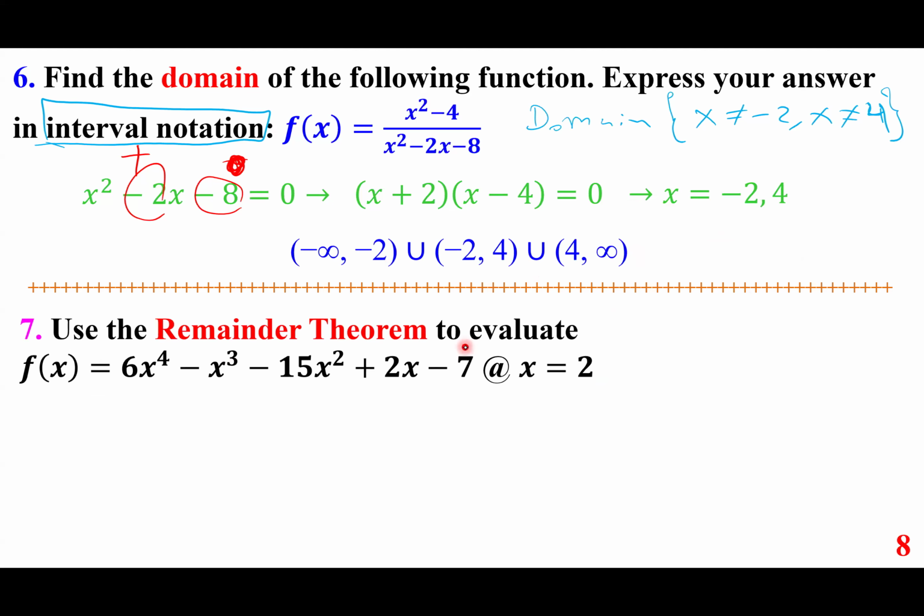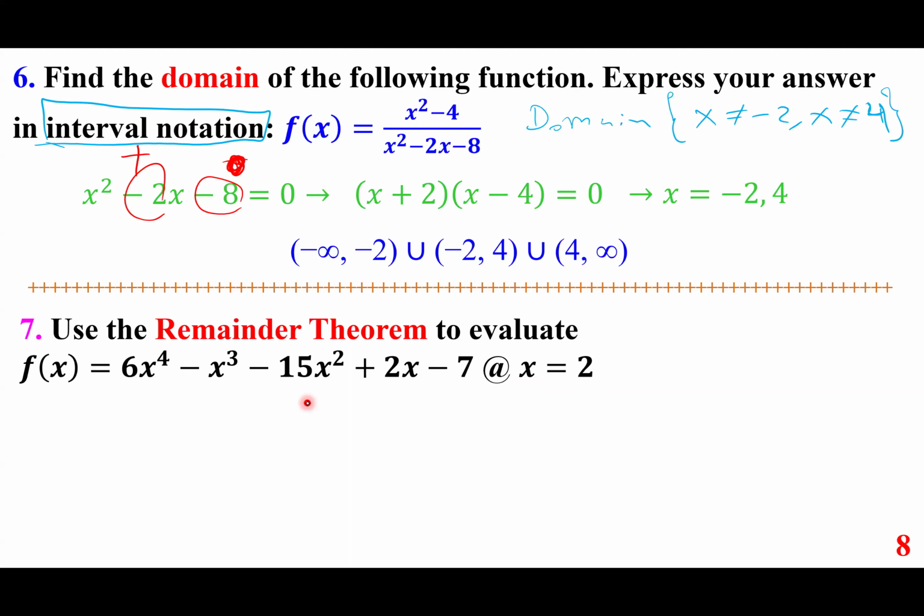Use the remainder theorem to evaluate f of x equals 6x to the power of 4 minus x cubed minus 15x squared plus 2x minus 7 at x equals 2. The remainder theorem basically says plug in, okay? And whatever the value is, that's the remainder.